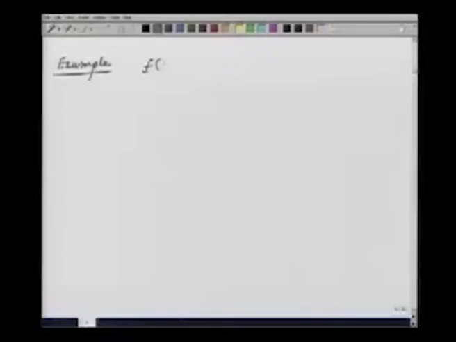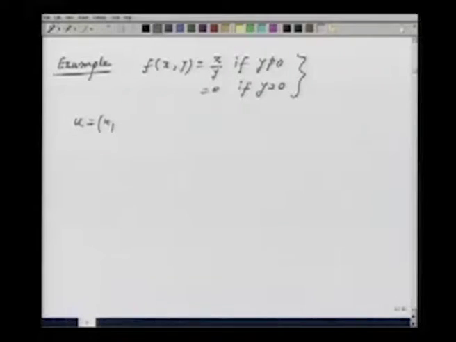So let us look at this function f(x,y) equal to x by y if y is not equal to 0. It is 0 if y is equal to 0. Now I want to talk about its partial derivatives, directional derivatives and all such things. So I take a vector u, which I call (u1, u2).